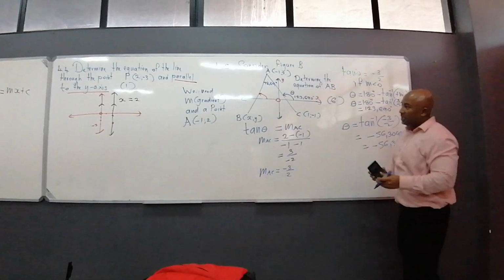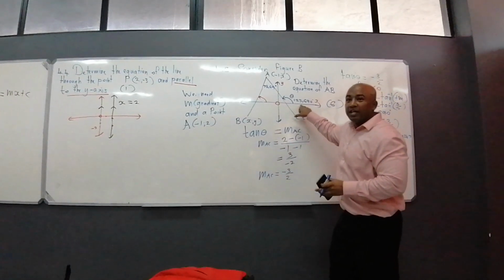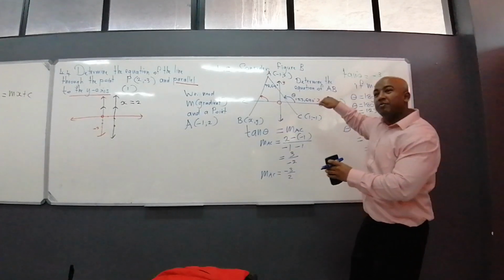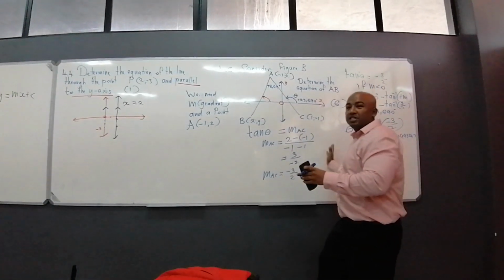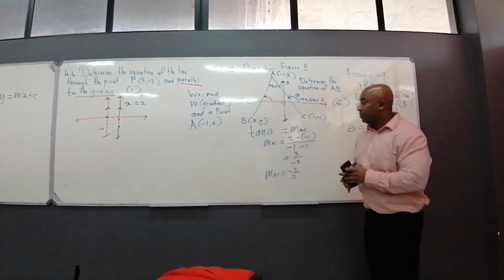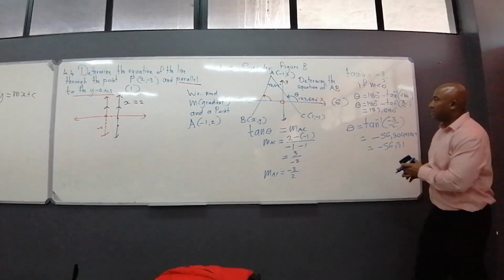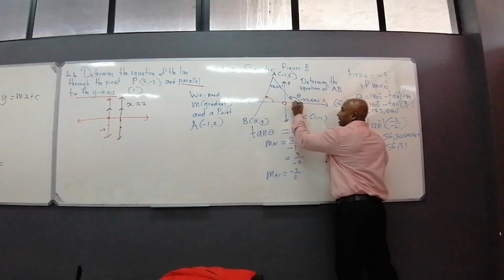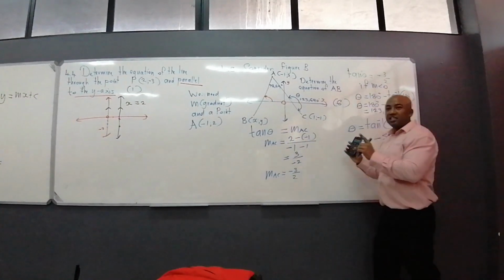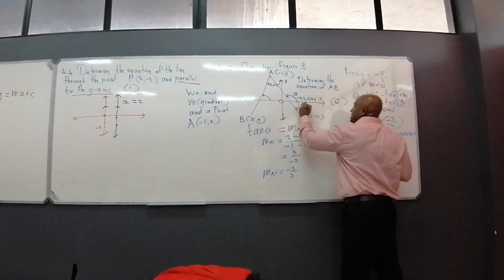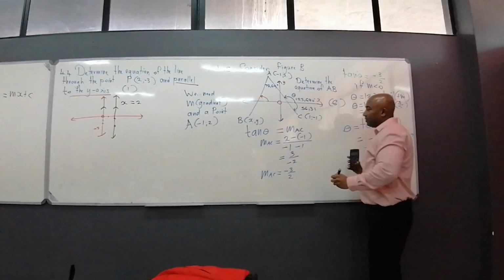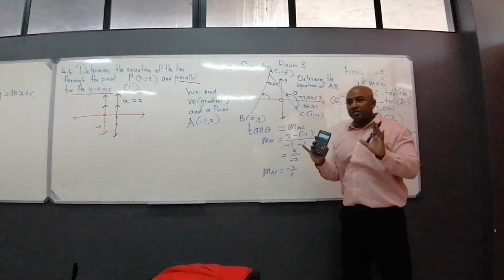Negative means that you are measuring clockwise, going down. Positive angles are measured anti-clockwise. So minus 56,31 is going down. The negative indicates the direction of clockwise. So how can we check if this is correct?